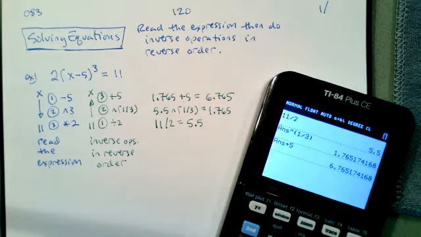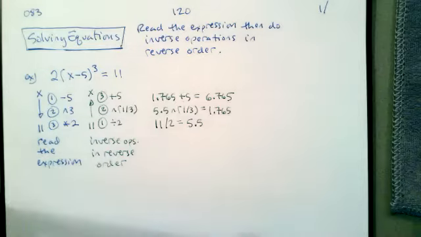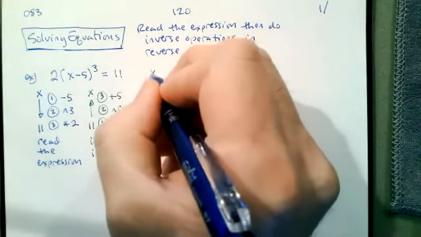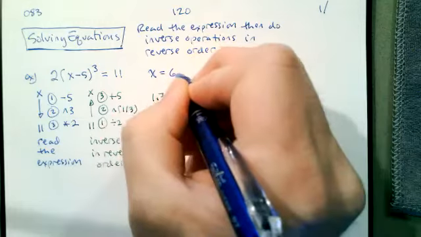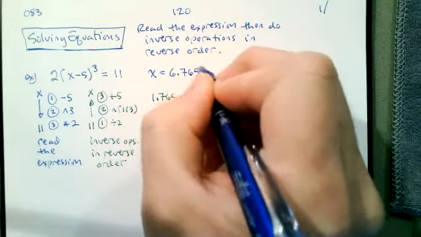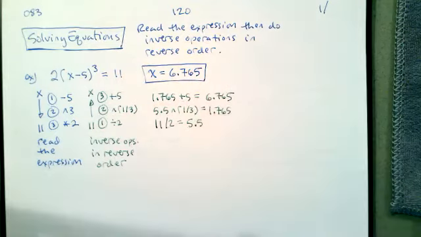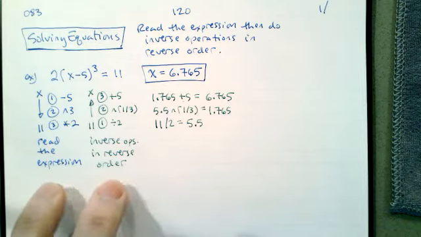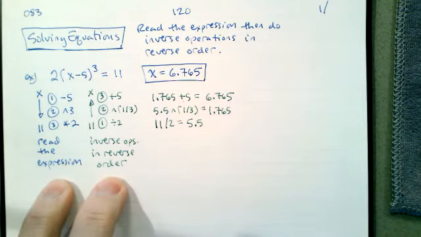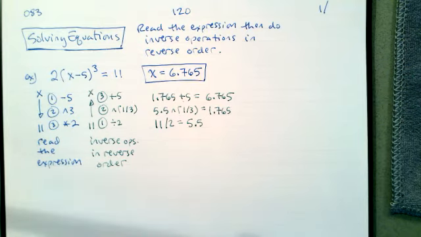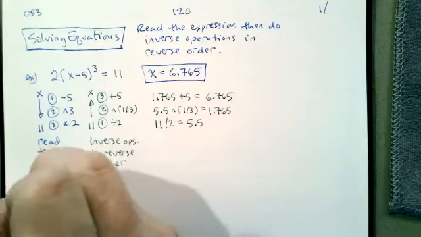This can take place totally in the calculator environment. What we'll actually write down on the page is x equals 6.765. Mostly because I usually ask you to round to the nearest thousandth. So once again, from a writing standpoint, these first two columns, we're reading the expression and doing inverse operations in reverse order. This is taking place just thinking. We're thinking this part. So this is just taking place in our mind.